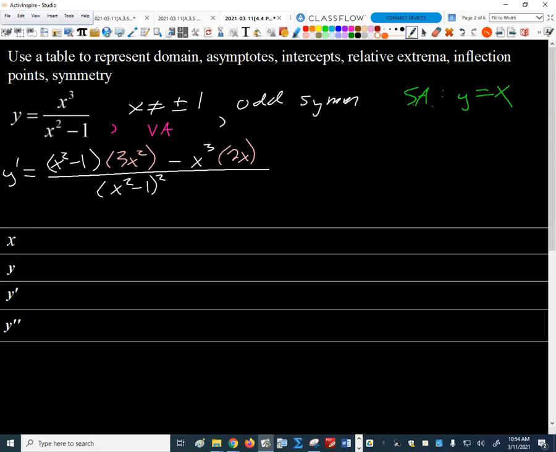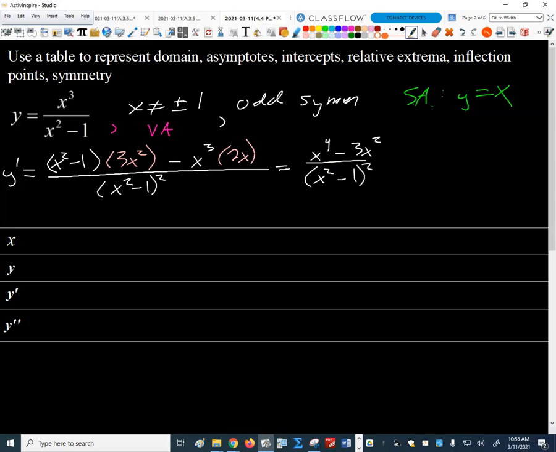And what's that give us then? So we're going to get 3x to the 4th minus 3x squared minus 2x to the 4th. So that's just going to be 1x to the 4th minus 3x squared, right? Divided by x squared minus 1 squared.